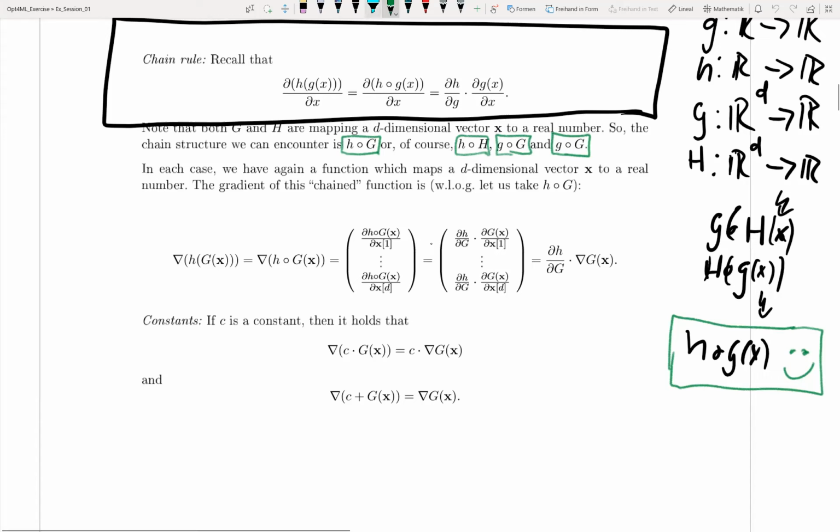And here we can again use the chain rule on each of the components, and what we end up with is again outer function evaluated at the inner function times derivative of the inner function, partial derivative rather.